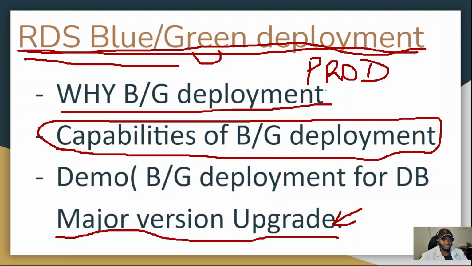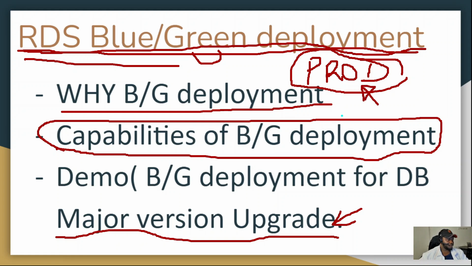Let's say you want to change the parameter group, upgrade the major version, change your storage, change your instance class, or change major engine configurations, and maybe your CTO has told you they do not want any downtime for this RDS instance because your SLA requires production to be running 24/7.